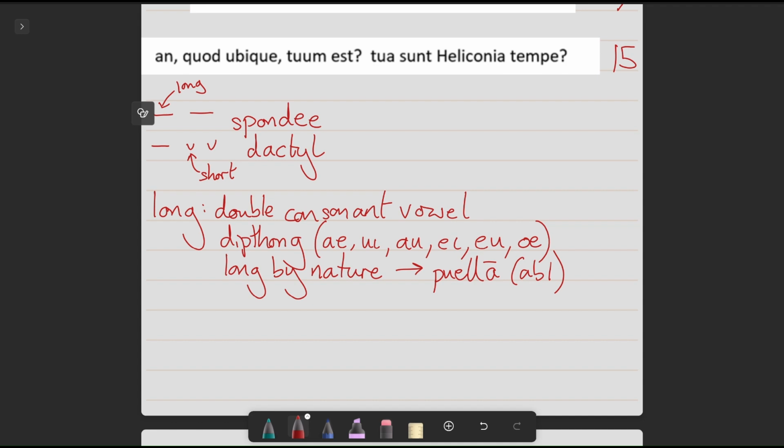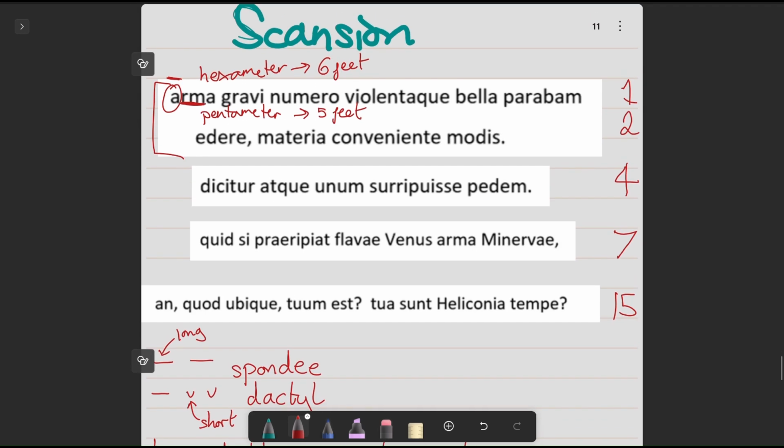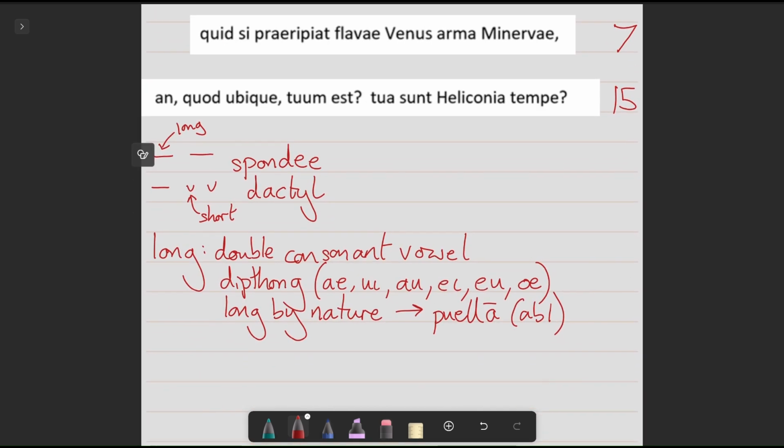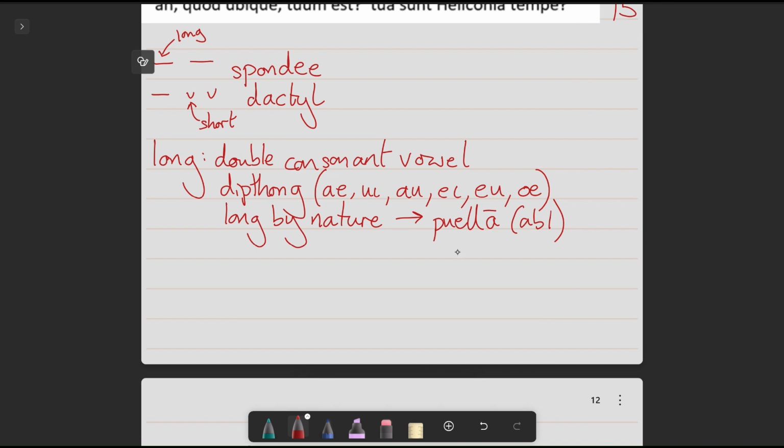And in England, at least, we don't typically put the markings to show whether it's long on our Latin. As you can see, there aren't any here. But it would be very helpful if we did, because then you can know if something's long by nature, such as also, sorry, I hit the microphone, in, usually always long.